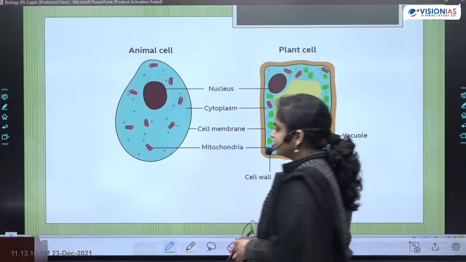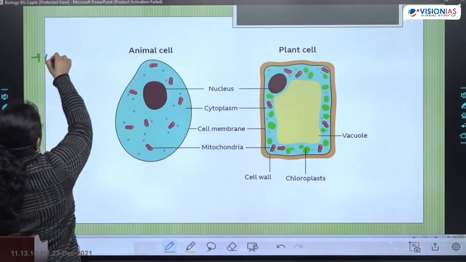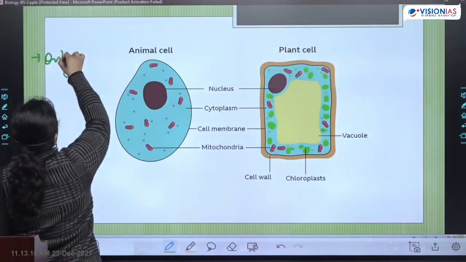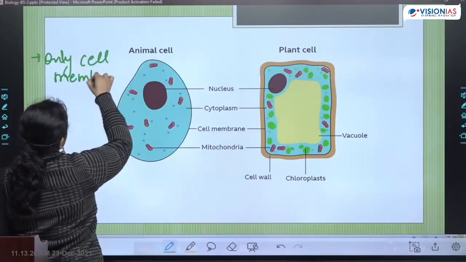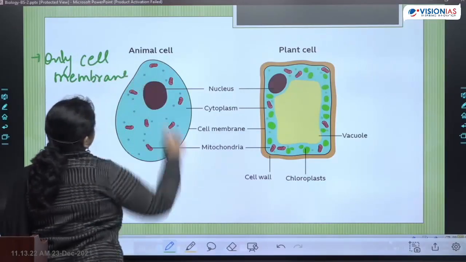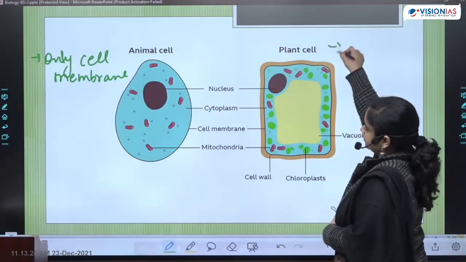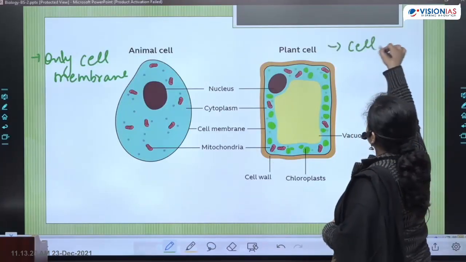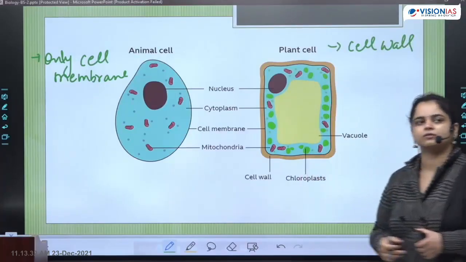Cell wall, okay, the first one. You also need to write this down. So here you have only cell membrane in the case of an animal cell, and here you have a cell wall. So we can see the cell wall.